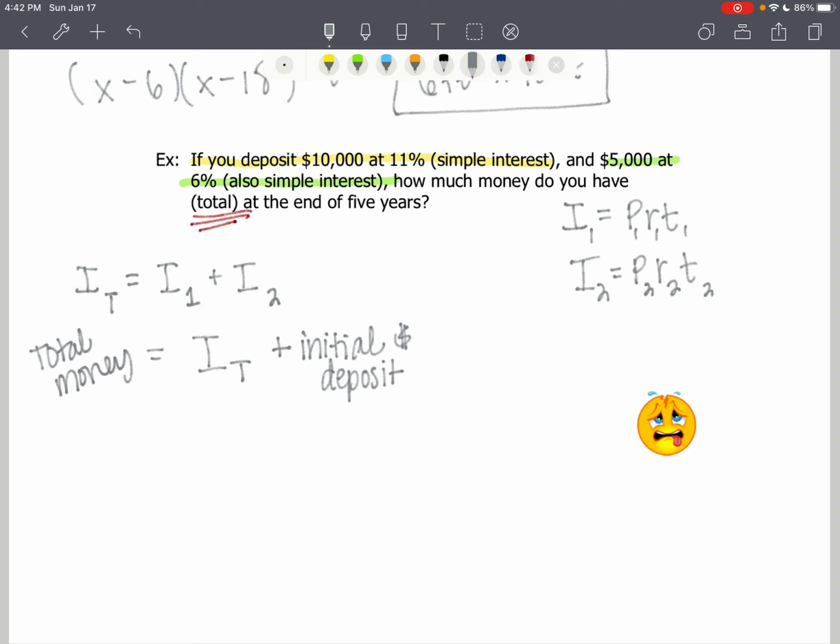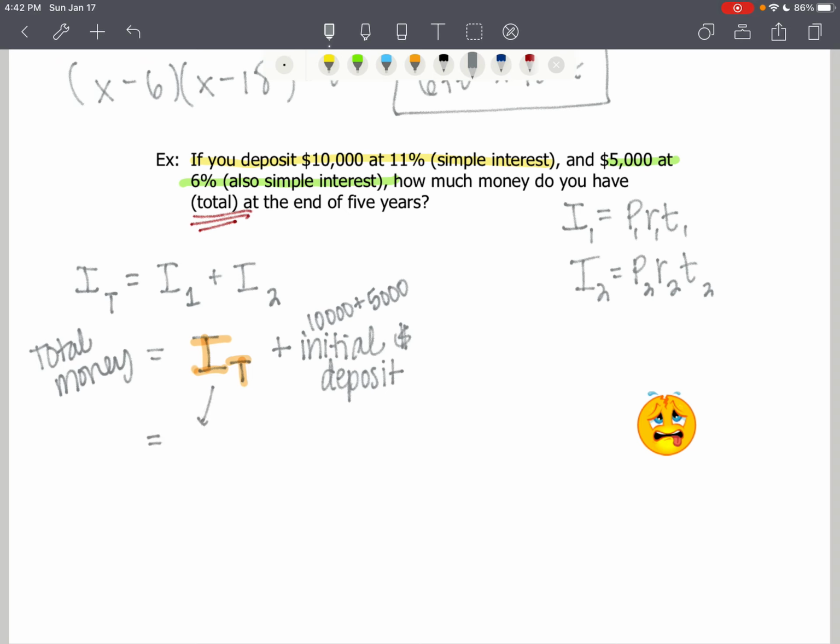So at the end, we're going to have to add that $15,000, the $10,000 plus $5,000. So let's try and solve for our total interest, and then we'll add back that initial deposit, and that'll give us a total amount that we have at the end of 5 years.